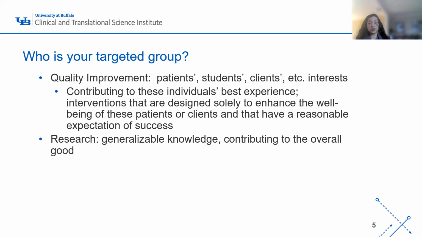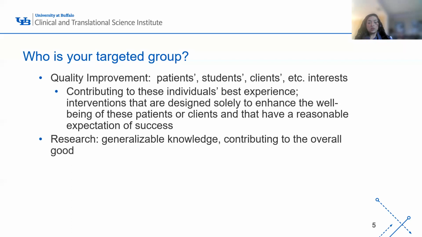Alternatively, in human research, the goal is to learn new information, contributing to generalizable knowledge that can benefit society at large. Now, of course, researchers want to make sure that human subjects are protected, but the goal of the research endeavor is gaining generalizable knowledge. So human research must be reviewed and approved by the IRB.